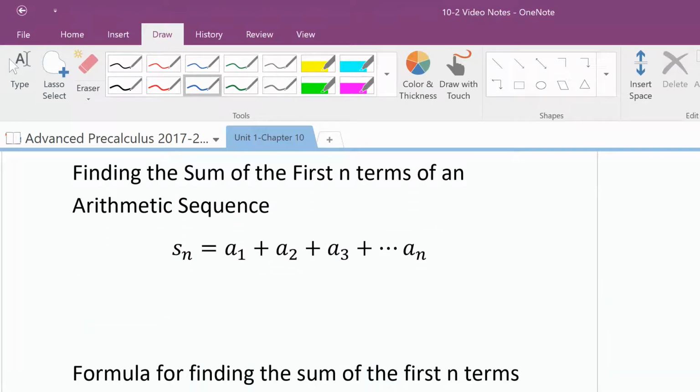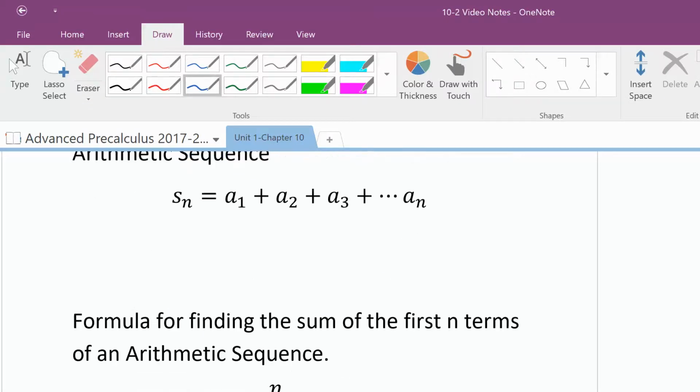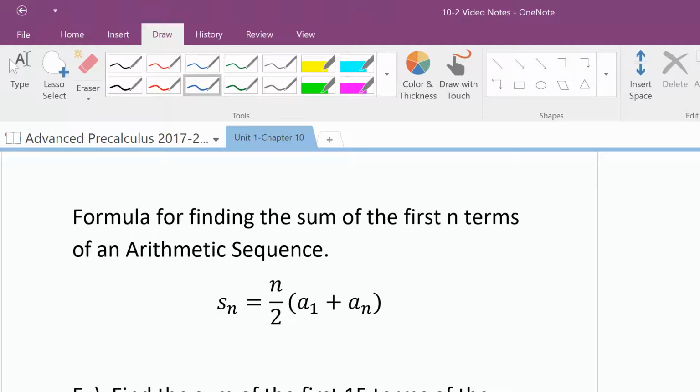Finding the sum of an arithmetic sequence: you can add them all up, or there is a formula for the sum of the arithmetic sequence where n is the number of terms, a sub 1 is the first term, and a sub n is the last term.